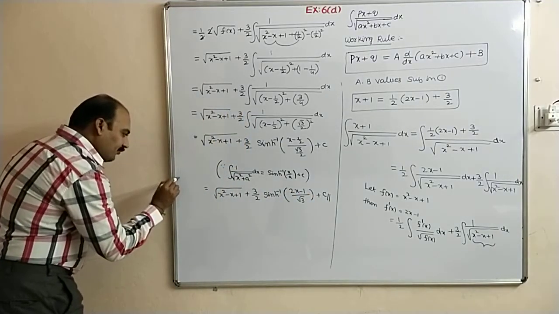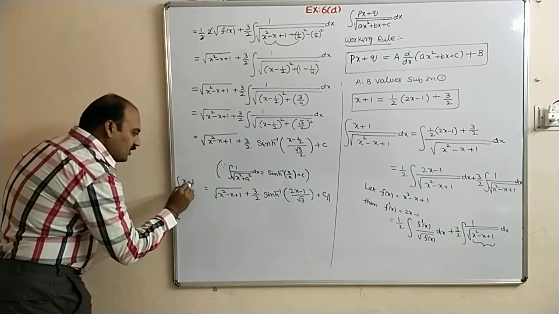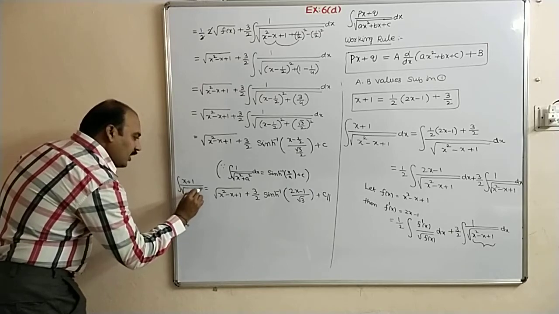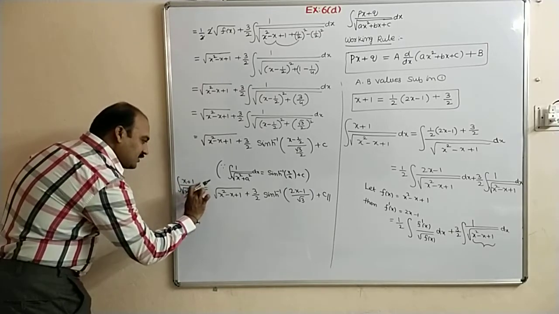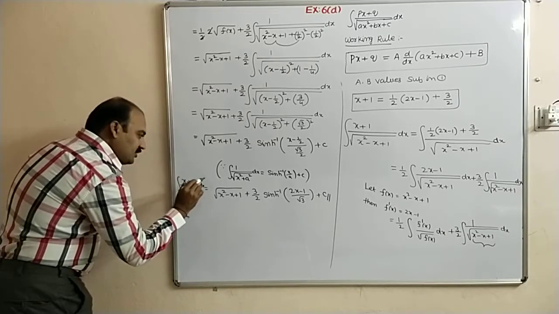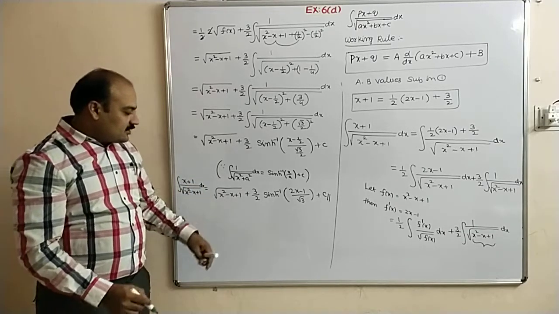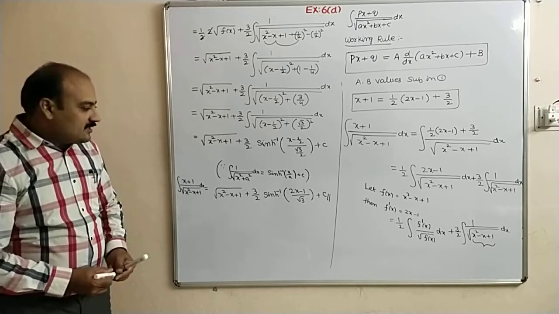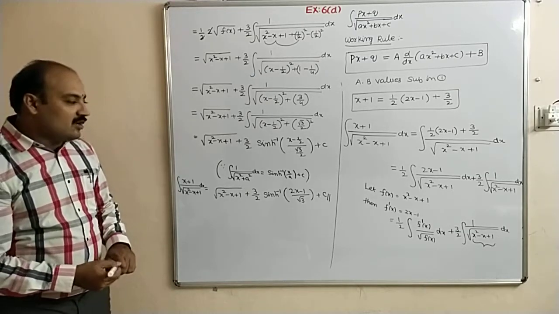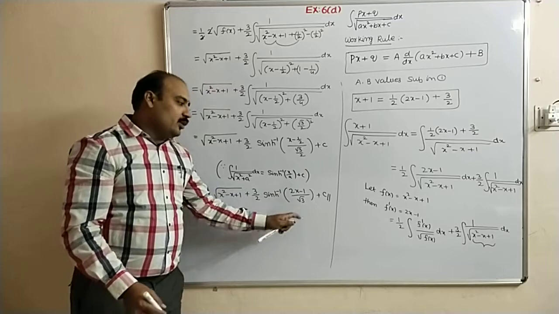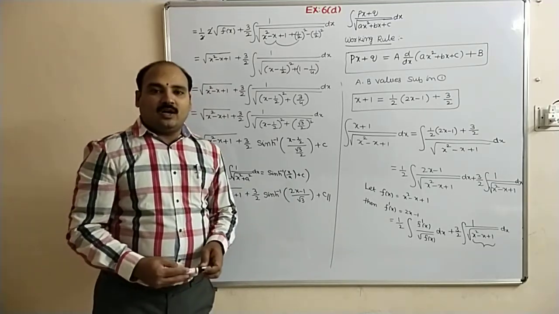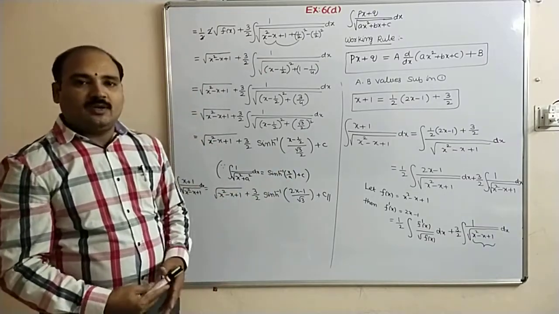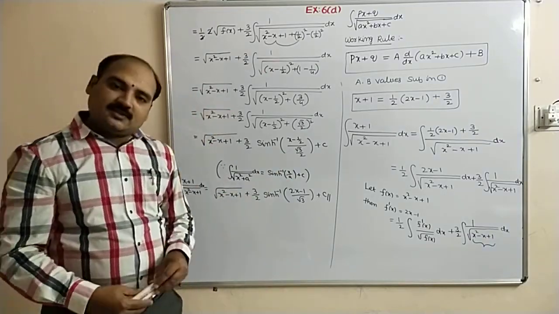So therefore integral x plus 1 divided by square root of x square minus x plus 1 into dx is equal to square root of x square minus x plus 1 plus 3 by 2 into sinh inverse of 2x minus 1 by root 3 plus c. This is the way, this is the direct question. Now we will discuss the indirect question, but the same method we will discuss.